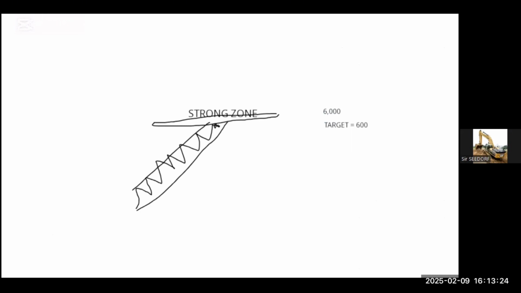Now, let's say from here we know this is a very strong zone, just like what happened on Friday. You have a daily limit of about 5% of this, which is $300.